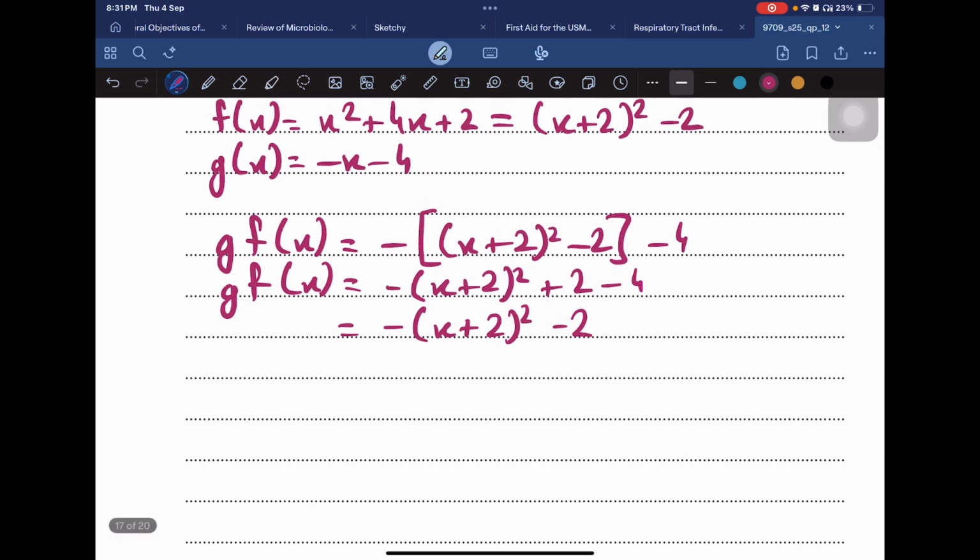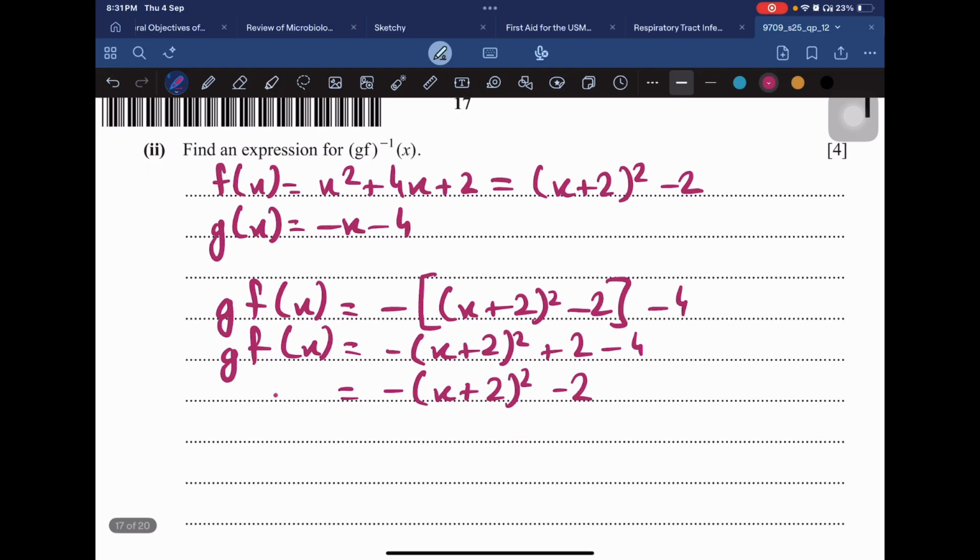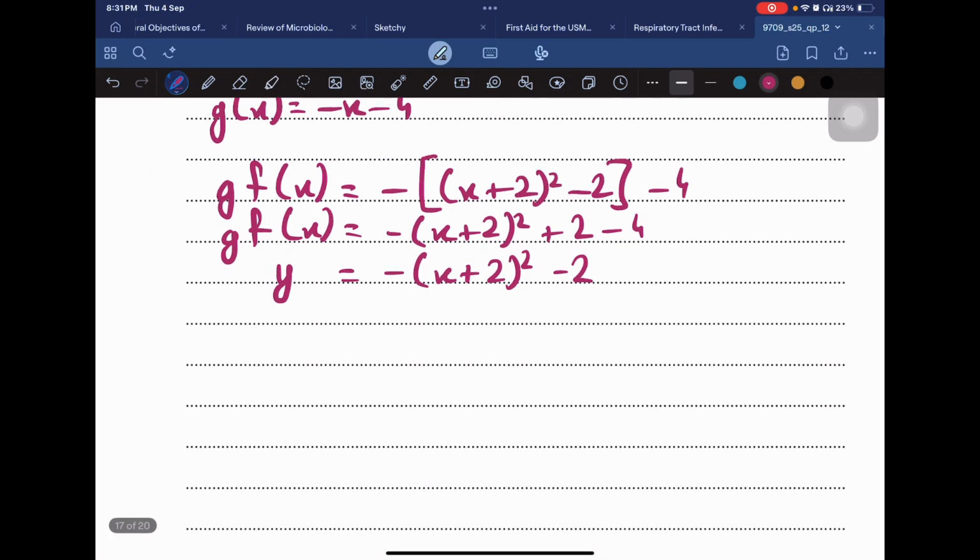Alright. So again, to find the inverse, we'll replace gf with y. Then we'll try to make x the subject. To make x the subject, I'll bring this to the left and shift y to the right. So −(x+2)² = −2 − y.